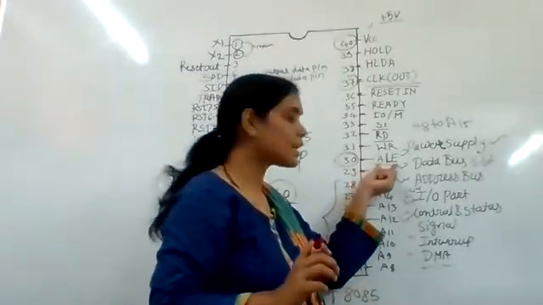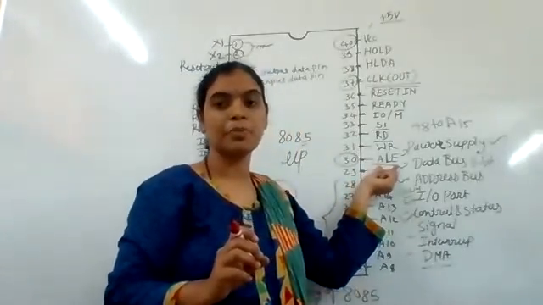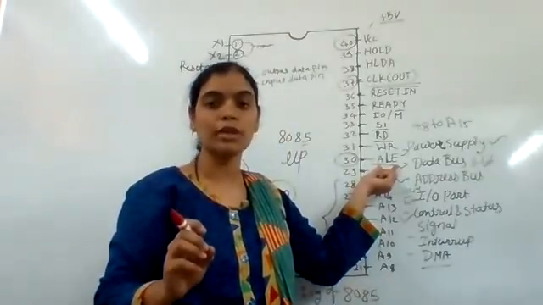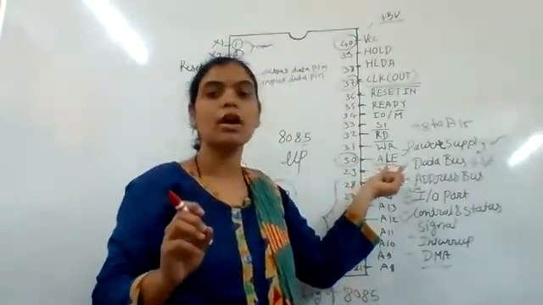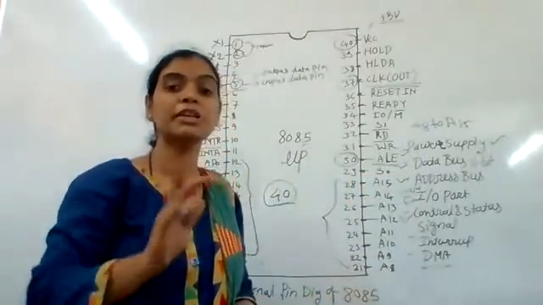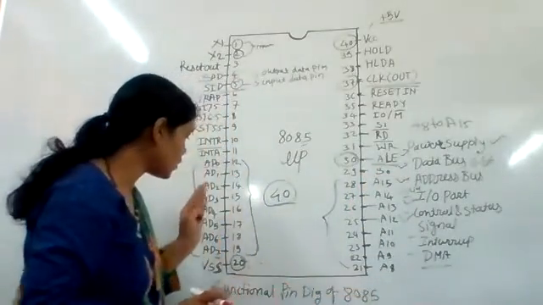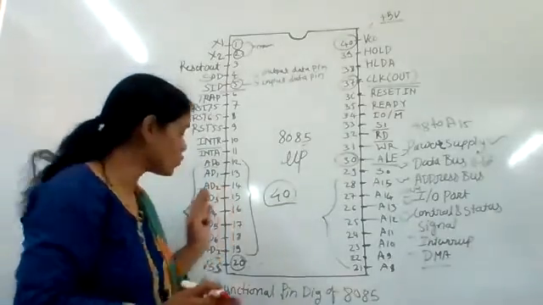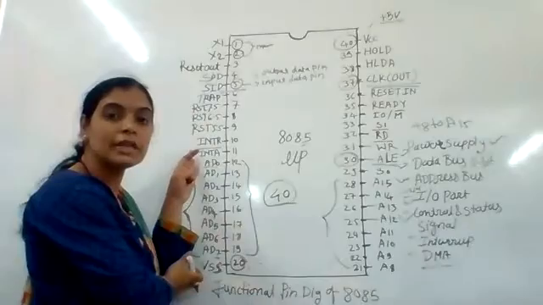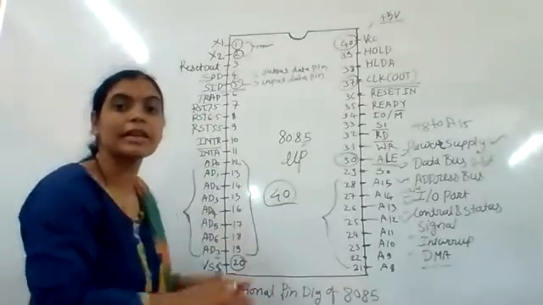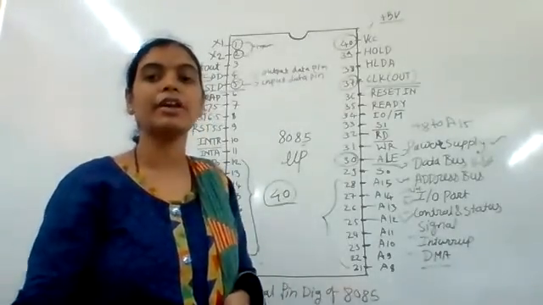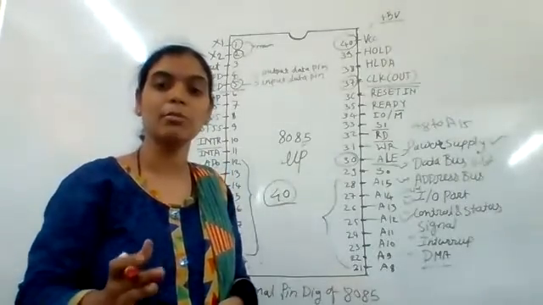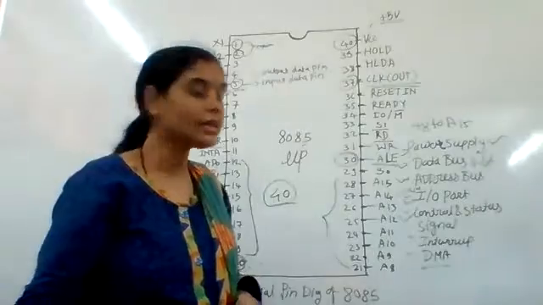We know that the 8 lower order bits of the 16-bit address are multiplexed with the 8-bit data bus. This pin gets enabled at the time when the address is present on the multiplexed address and data bus. Otherwise, it gets disabled.